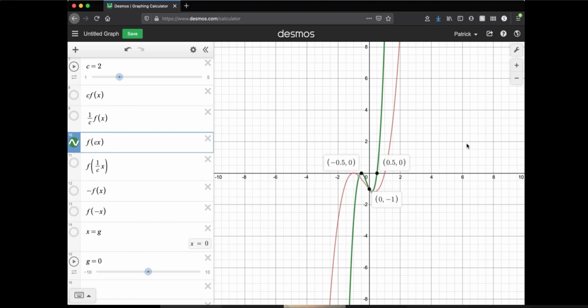Notice that this one is a horizontal shrink because the x-intercepts got closer to the y-axis, and the y-intercept did not go anywhere. So that is indicating that there is something horizontally happening to this graph.